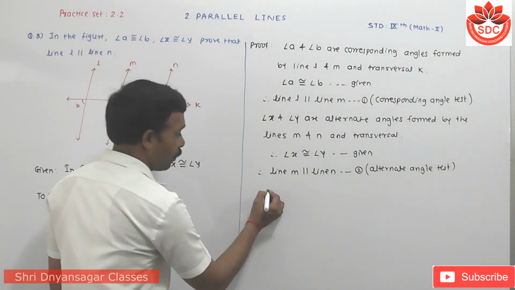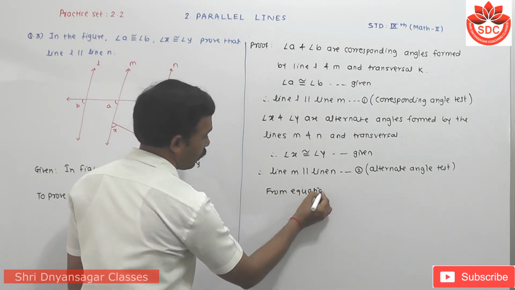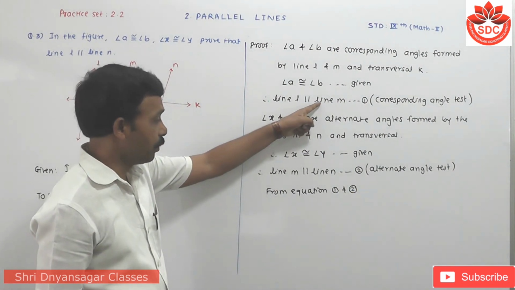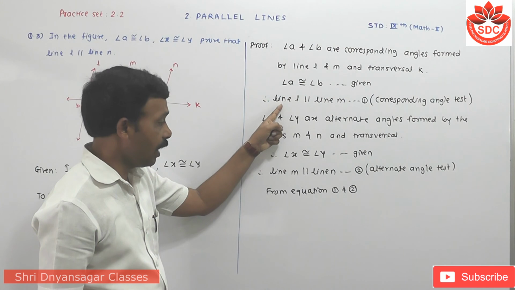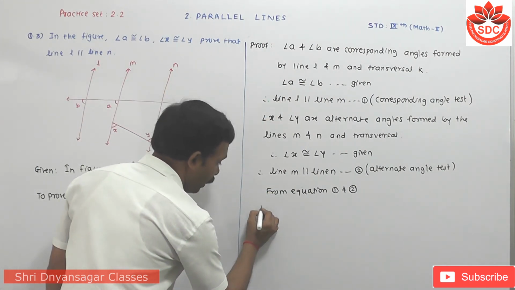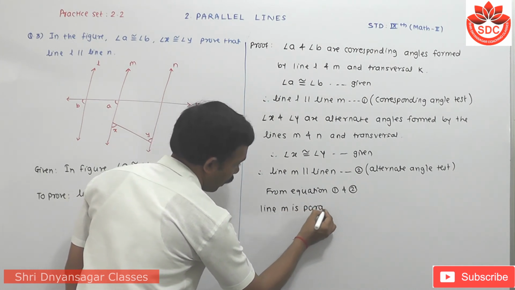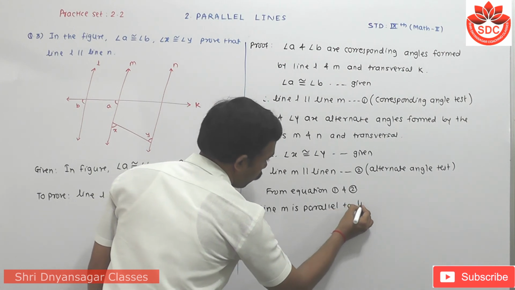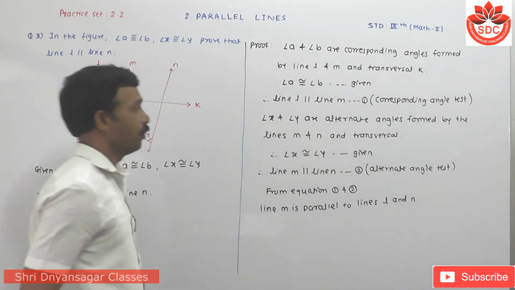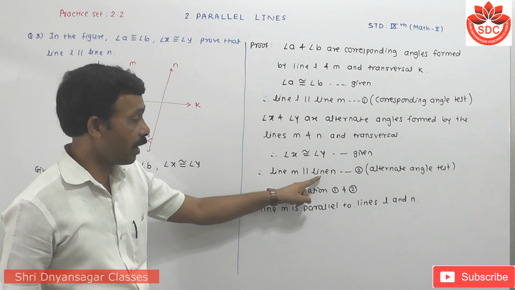Now observe carefully from equation first and second. From equation first and second, this line M is parallel to line L and also line N. It means that I write here, line M is parallel to lines L and N. This means this line is also parallel with this line.